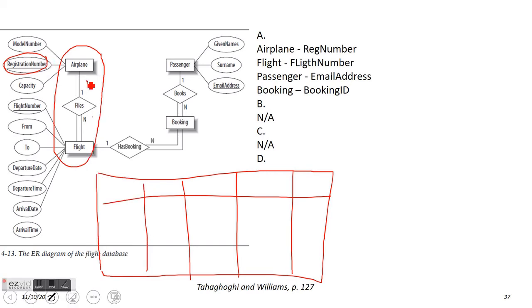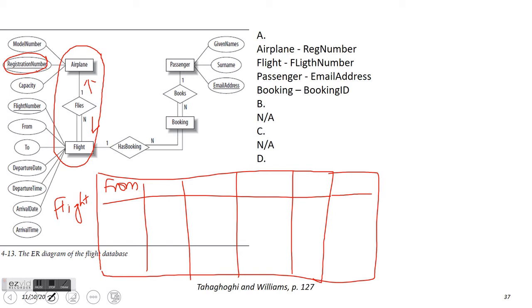So this is the one side, and this is the n side. It says, take the primary key of the table on the one side and add it as a foreign key to the table on the n side. So that means when I'm developing the table for flight, I'm going to add registration number as a foreign key to this table.